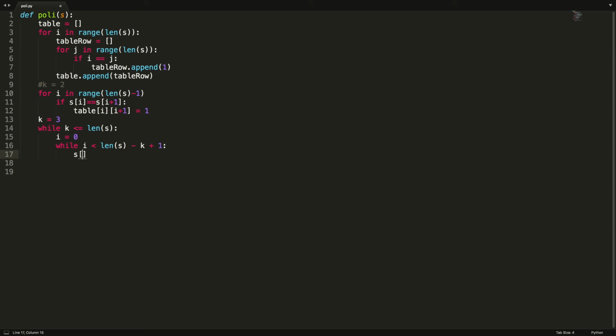Oh, first we need to check the substring less than k. Basic if string i minus 1 to, we should use table because we save the result in table.